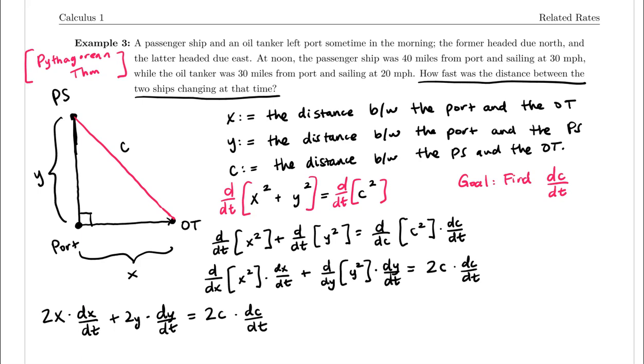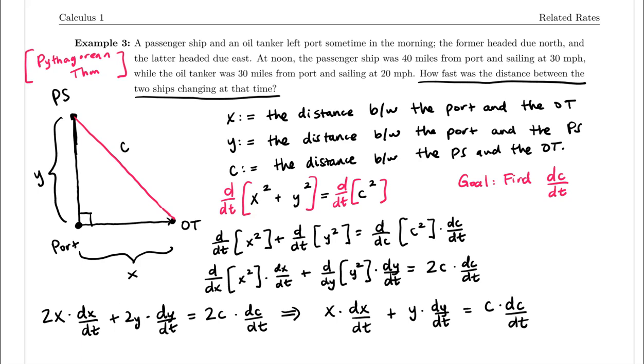Now notice every single term on both the left-hand side and the right-hand side has a 2 or a multiple of 2, and so I can divide both sides of my equation by 2, and if I do that, then we end up with this new equation.